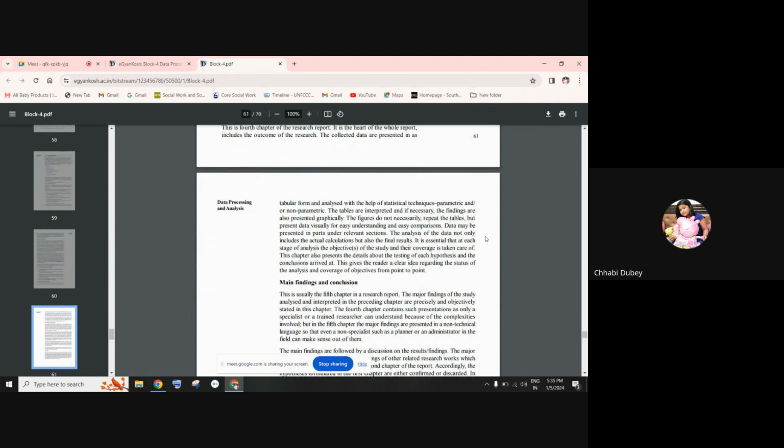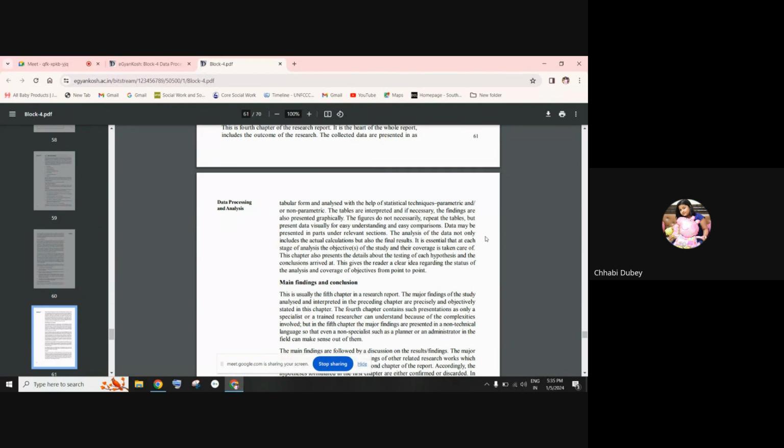Now, here we know that the data may be presented in parts under relevant sections. The analysis not only includes the actual calculations, but you also have to include the final result here. And at each stage of the analysis, the coverage of the objectives of the study is taken care of. So this chapter will present in detail the testing of each hypothesis and the conclusions arrived at.